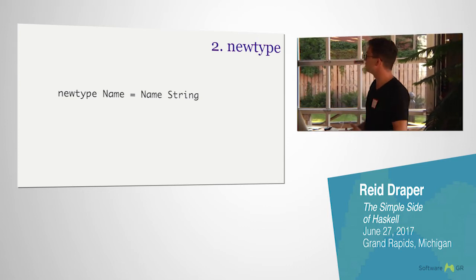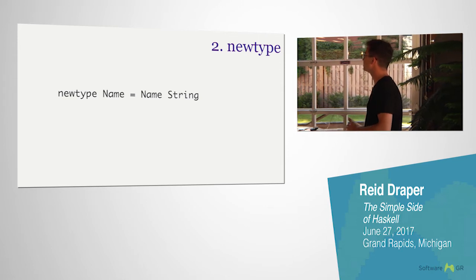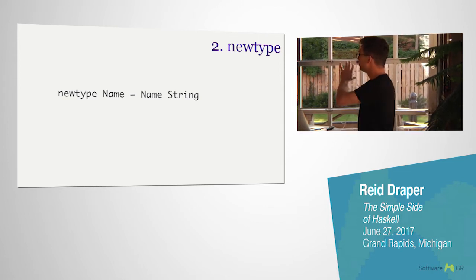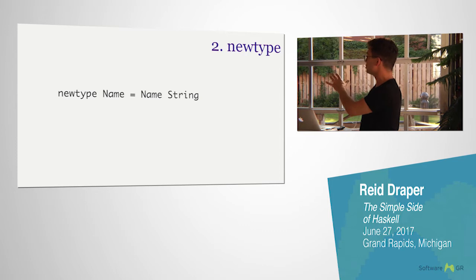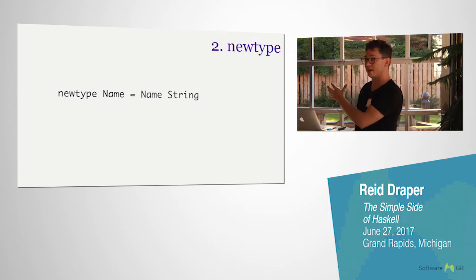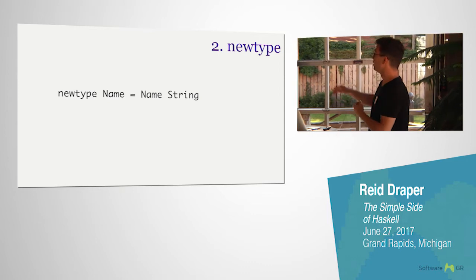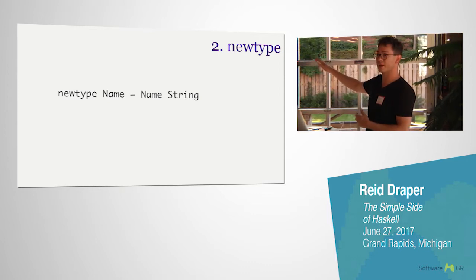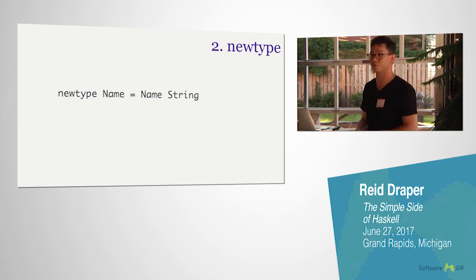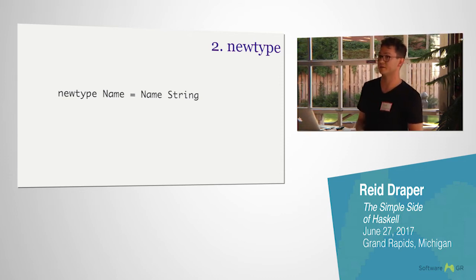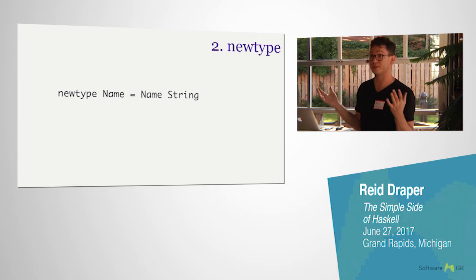In Haskell, it makes it really easy for us to give new names and use all of the functionality, the internal representation, as kind of an added bonus. At runtime, all of this goes away, and we only pay the runtime overhead for a string. So we just get that for free.